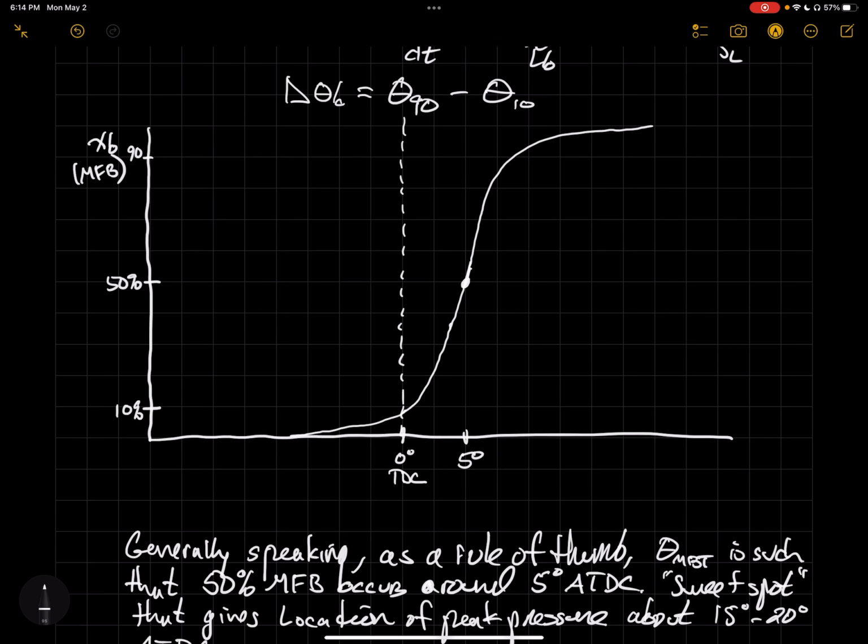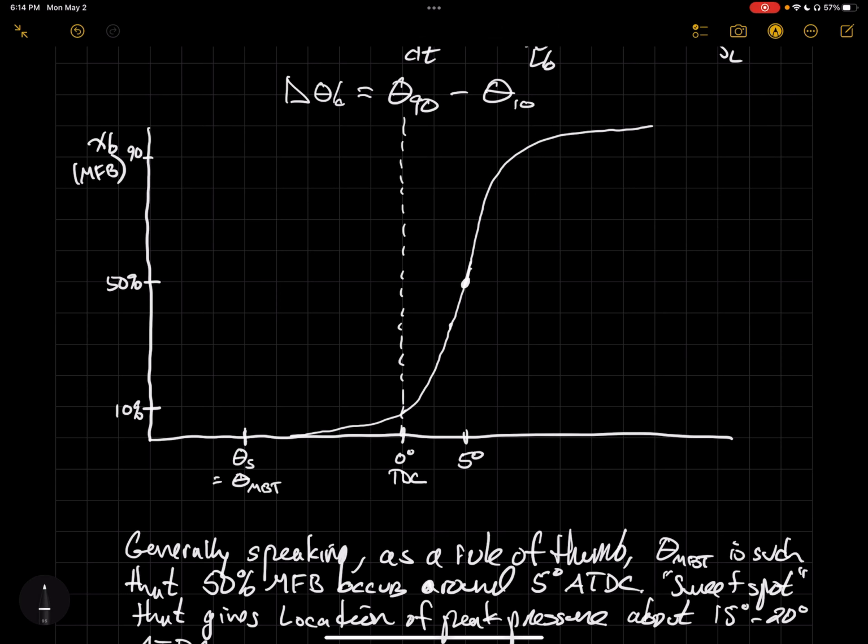Okay, and so this ends up being our mass fraction burn curve. And you can see now that if we define, for example, suppose this is our spark timing, theta S, which, because our 50% mass fraction burned occurs 5 degrees after top dead center, also happens to be theta MBT, okay?